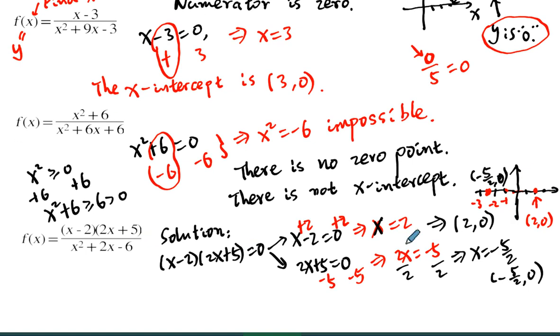Here the graph will touch the x-axis twice. One is 2, 0. Another is negative 5 over 2, 0. Okay, so in this case the graph will touch the x-axis twice. Okay, all right, I'll see you next time.